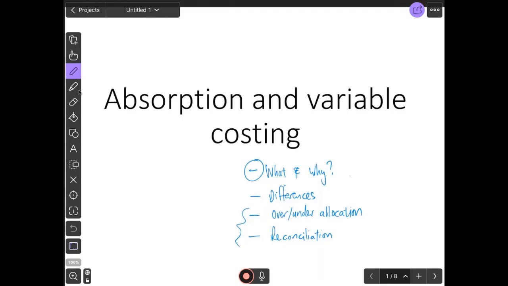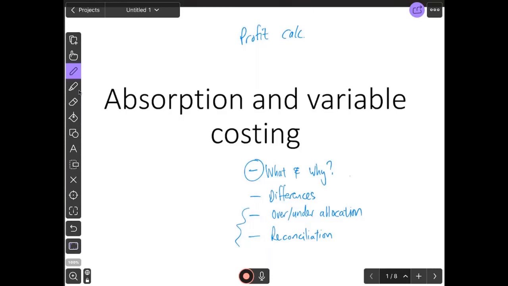Okay, so when I see the topic of absorption costing, I immediately think this is a method to calculate profit and to show the profit either in the financial statements or internally to make decisions. So it's a profit calculation, and there's two ways to calculate this profit.